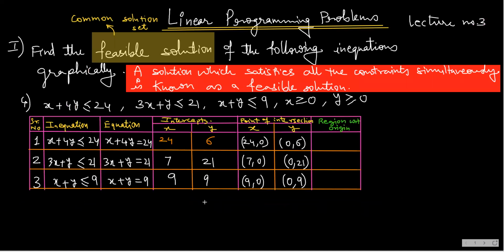Now I go for the points. I now go for the first line, and the first line is x plus 4y equals 24. This line has a point of intersection with the x-axis as (24, 0), and with the y-axis as (0, 6).